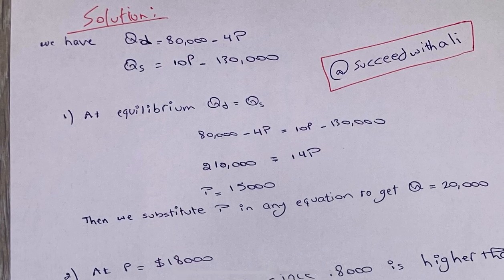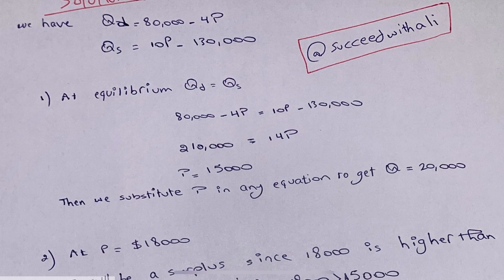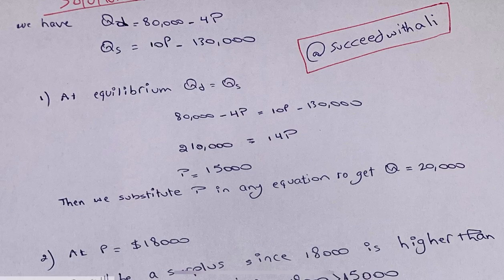At equilibrium, QD = QS, so 80,000 - 4P = 10P - 130,000. We bring the -130,000 from the right side to the left, so it becomes 80,000 + 130,000, which is 210,000.